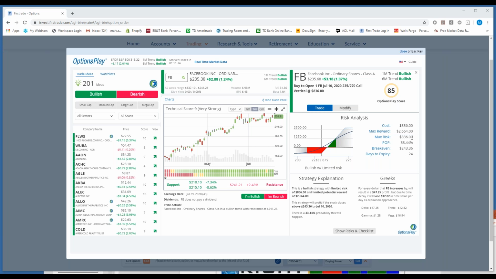Like I said, they can give you a weekly, a bi-weekly, or a monthly paycheck by having that option you sell expire worthless every single week or month on that stock. When you buy a calendar, when I said you have 4 directions, you have bullish and not bullish.